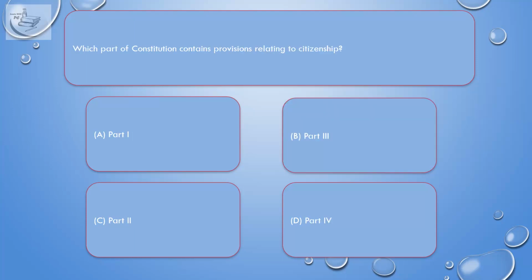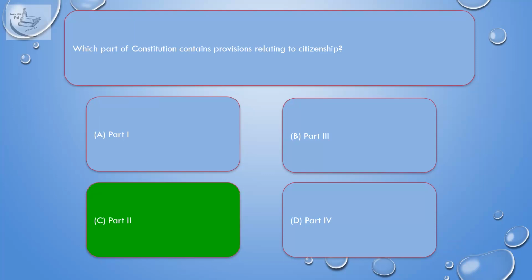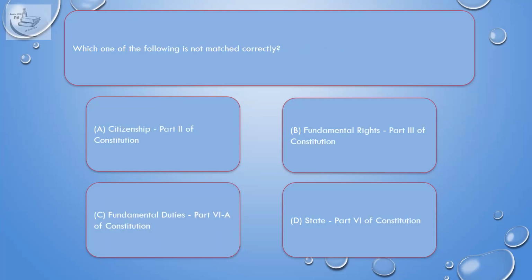Question: which part of Constitution contains provisions relating to citizenship? A. Part 1, B. Part 3, C. Part 2, D. Part 4. Correct answer is C. Part 2. Question: which one of the following is not matched correctly?